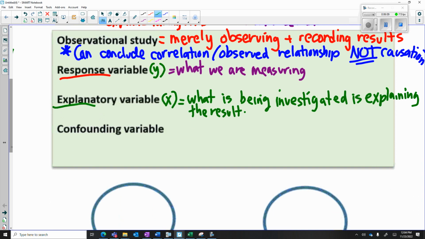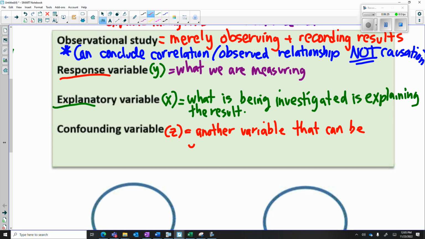That extra variable we usually refer to with the letter Z, and it could be a third variable or more than one other variable that can be explaining or causing the response.